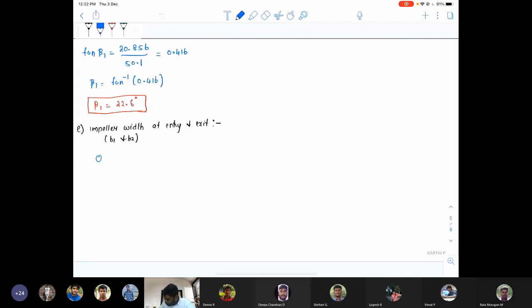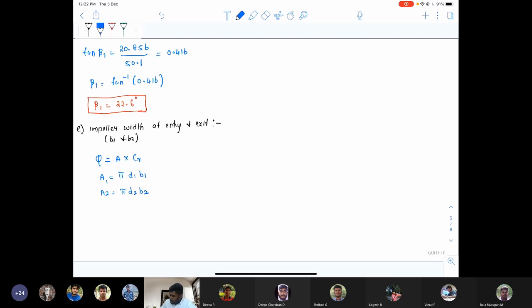From this, we know that Q is equal to area into the velocity, and this velocity is the radial component. We should use the cross-sectional area, and the velocity is the radial component. Therefore, as in the derivation, A1 is equal to pi d1 b1 and A2 is equal to pi d2 b2.